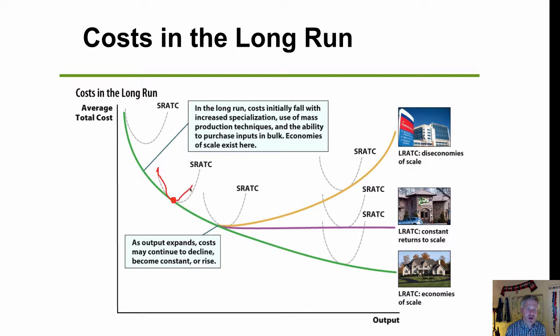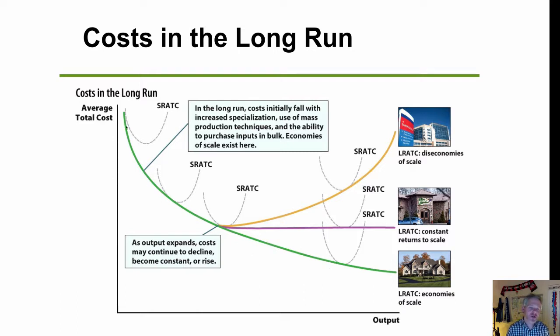There is a short run average total cost curve associated with that level of production. The long run average total cost curve is if I drew in every single possible short run average total cost curve. There'd be an infinity of them for every point on this line. The average total cost curve shows you what's called the lower envelope. Basically it's like I took some tape and slapped it onto the bottom of all those short run average total cost curves. I get the long run average total cost curve.